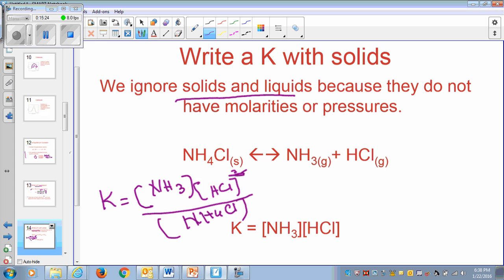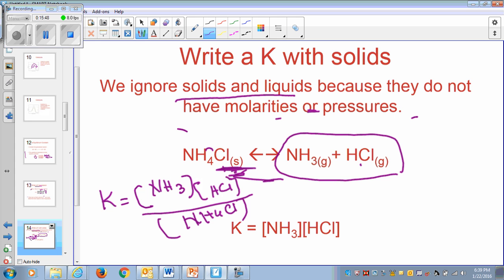Since my NH4Cl is a solid, I am going to ignore it because it does not play any role. We ignore solids and liquids because they do not have molarities or pressures. So my equilibrium constant here will only depend on the products, this part here. If this is a pure solid or a pure liquid, I'm just going to ignore it.